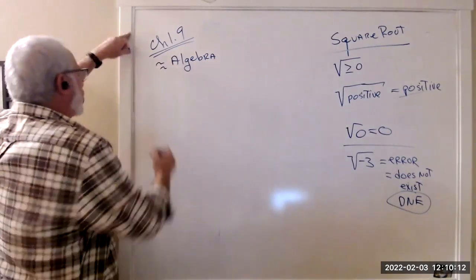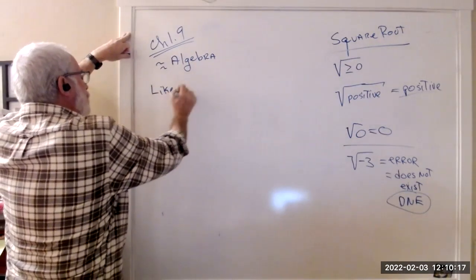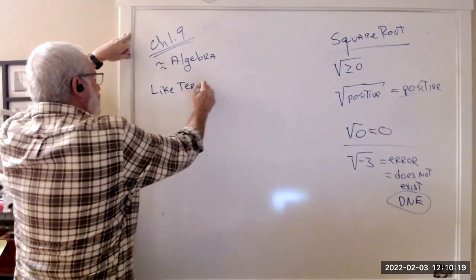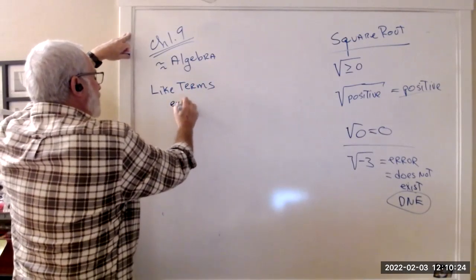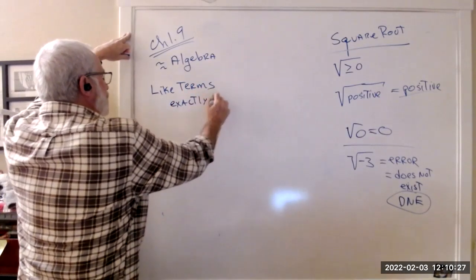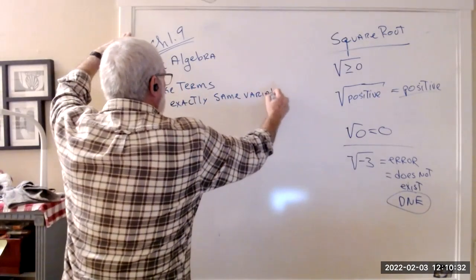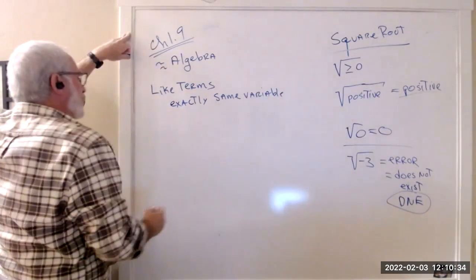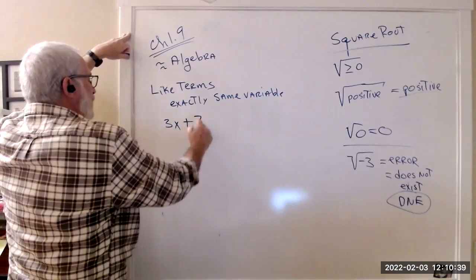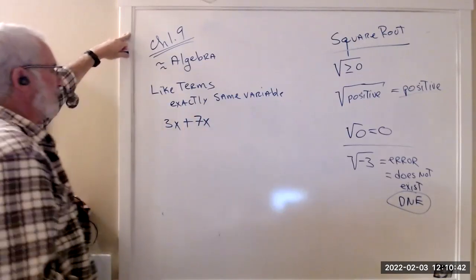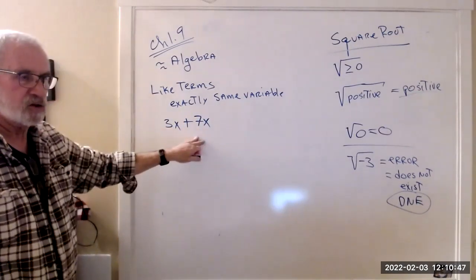The first thing we want to talk about in chapter 1.9 is called like terms. Like terms have exactly the same variable. So 3x plus 7x, these are called like terms because they both have x's.